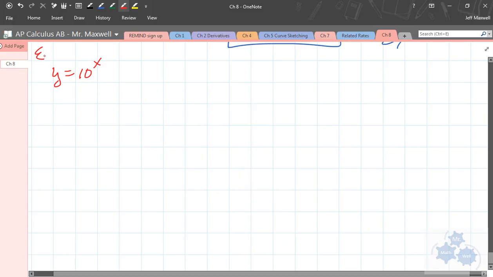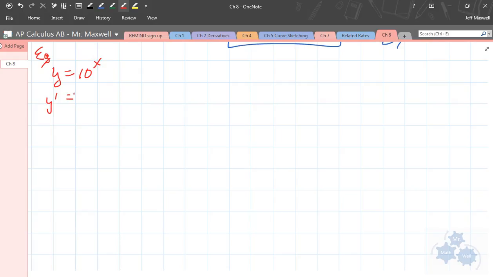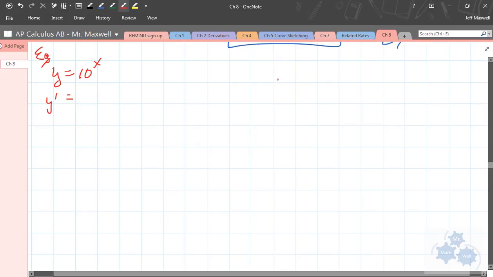So the example would be, here's your function, y equals 10 to the power of x. What's y prime? Okay, go ahead. You solve it. Go ahead and use what we just established there.